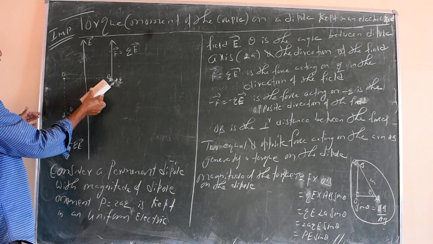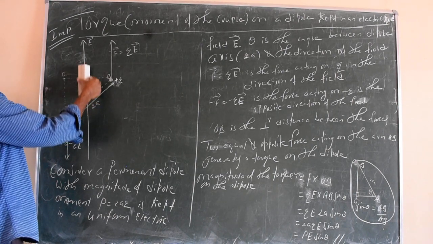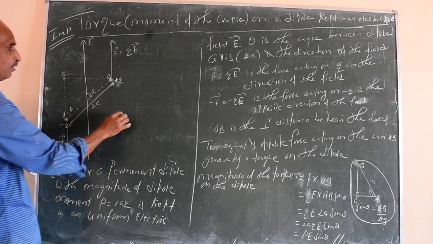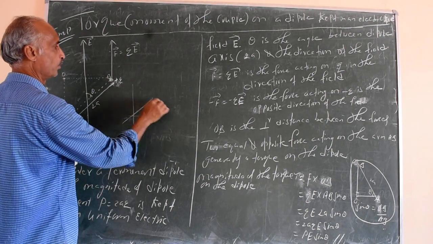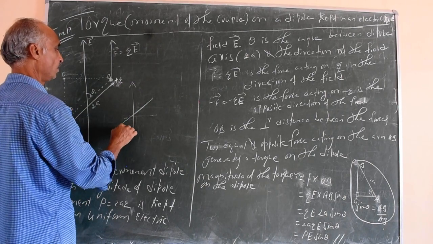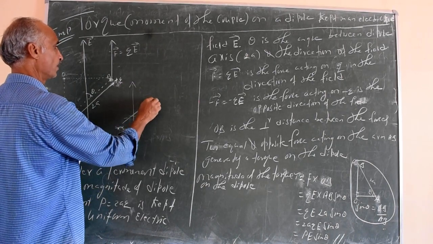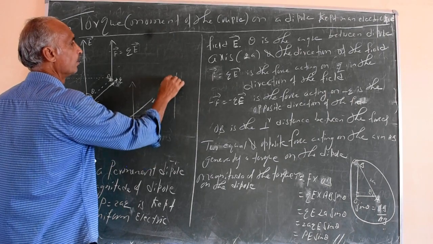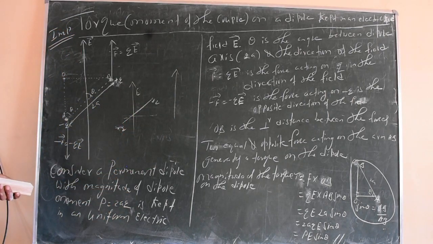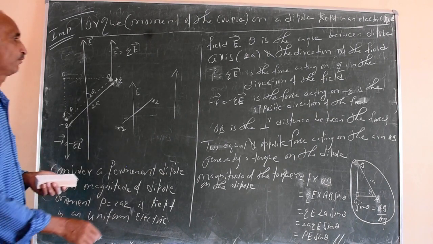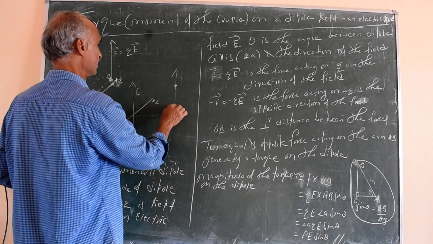The dipole, plus q and minus q, initially is like this, and finally after rotation it is aligned. Due to the torque, the dipole rotates and finally settles in this direction.